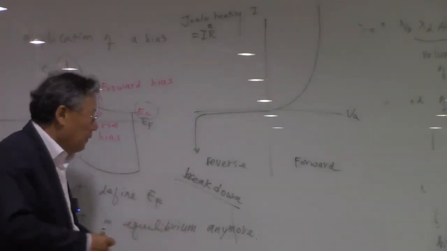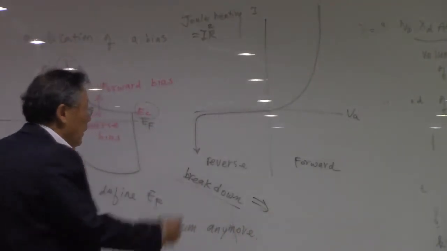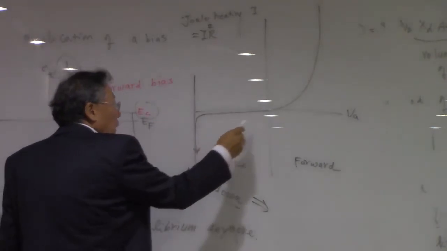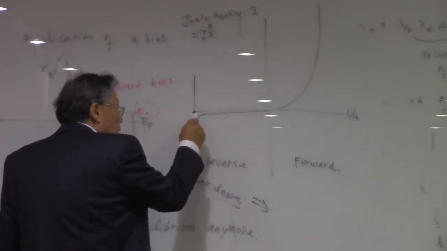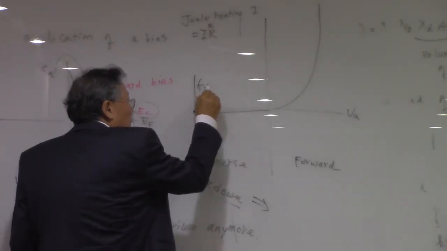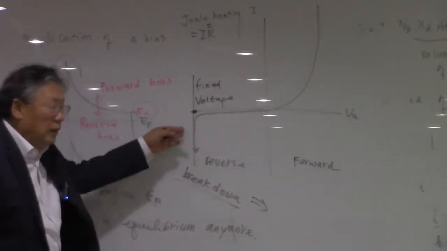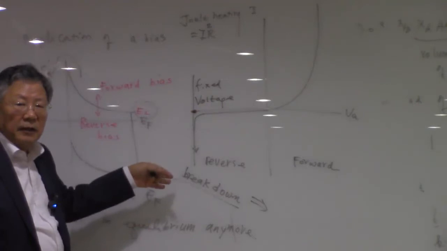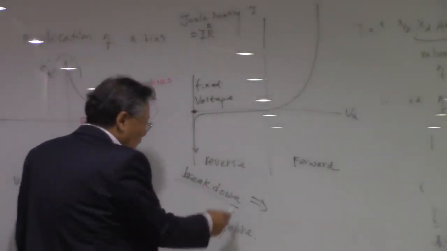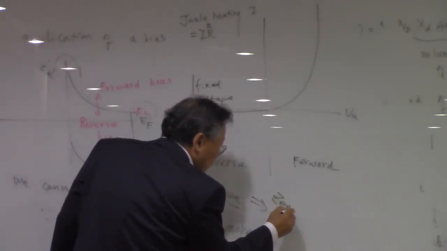So we have some devices utilizing this breakdown, because at this breakdown you are having fixed voltages, no matter what the current is passing, right? So that is a voltage regulator. If you take advantage of this breakdown phenomenon, that is going to be called the Zener diode.